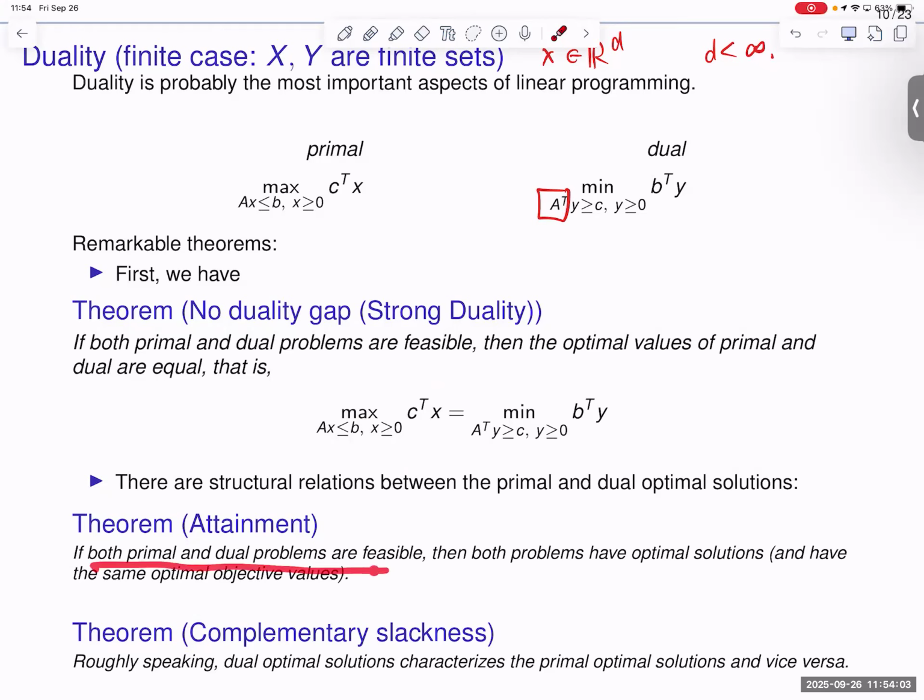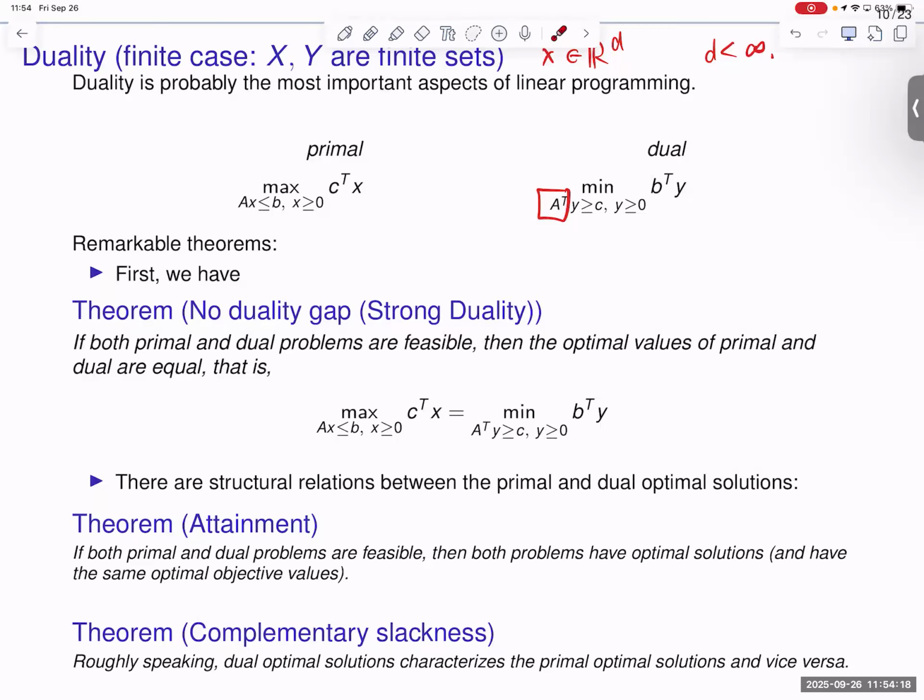If both primal and dual problems are feasible. There are cases where the primal problem is feasible, but the dual problem is not. Also, the dual problem is feasible, but the primal problem is not feasible.